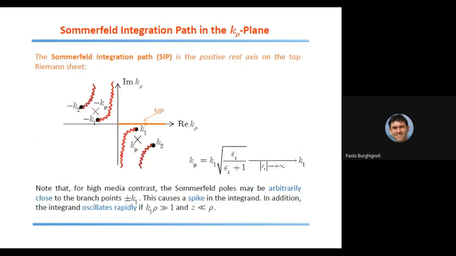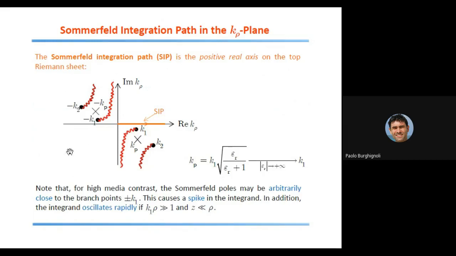Okay, so having said that, we are now able to explicitly represent the whole situation in our complex plane of k rho. You can see there are 4 branch cuts with hyperbolic shape, the Sommerfeld branch cuts. There are a pair of poles, Sommerfeld poles, in the top sheet.